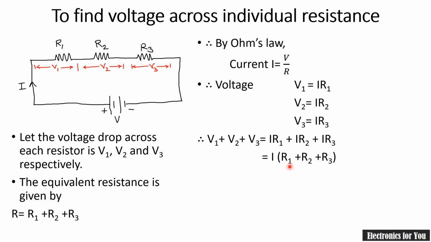Now note that R1 plus R2 plus R3 is nothing but the equivalent resistance R, and therefore we will get here I into R, and we know that I into R, that is the current multiplied by the equivalent resistance, is the supply voltage V, and therefore we will get V equals V1 plus V2 plus V3. It means that the supply voltage V is equal to the sum of potential drops across individual resistances.